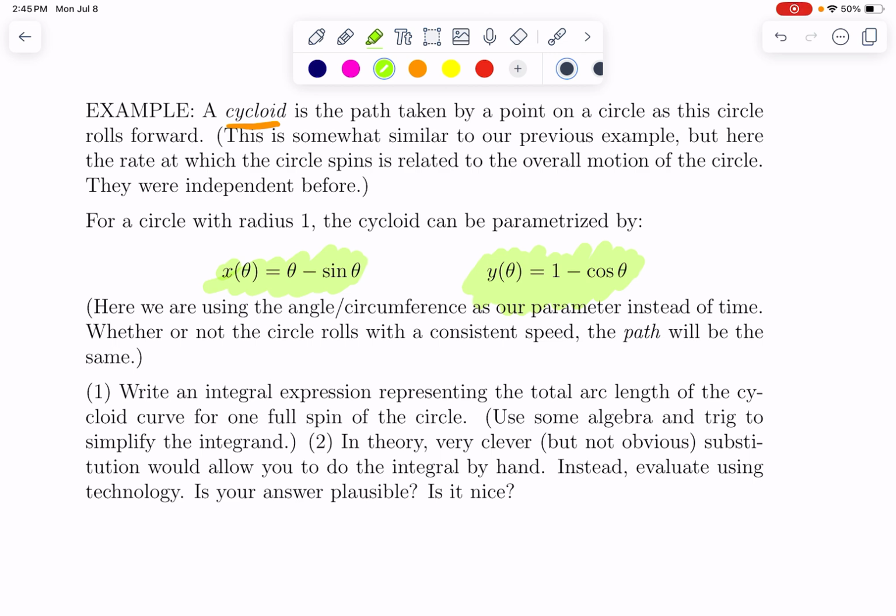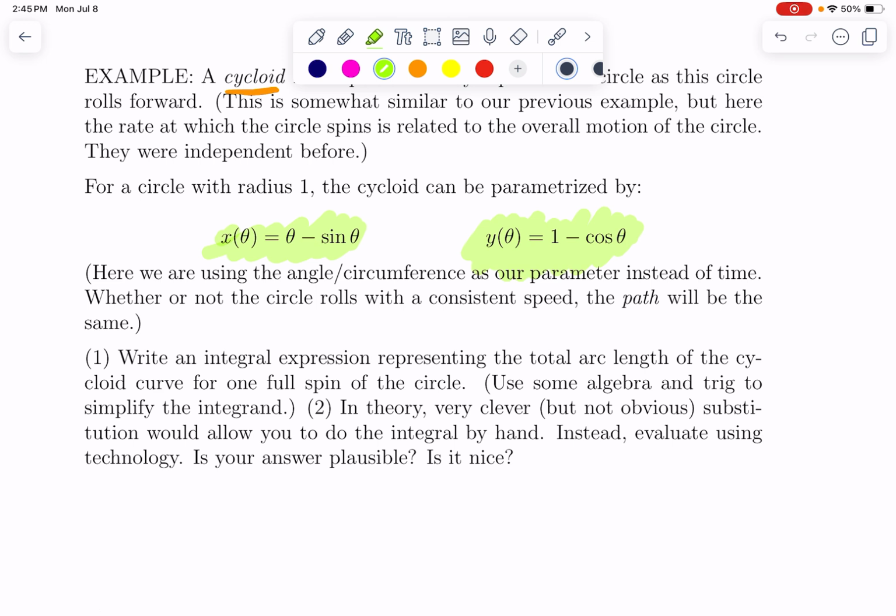So let's figure out what is the total arc length for one full spin of the circle. Right? So that would be 2 pi. And then we'll just evaluate that by hand. It turns out that if you are very clever, you can make some substitutions. But let's just see what we can do by hand and then have the calculator finish.